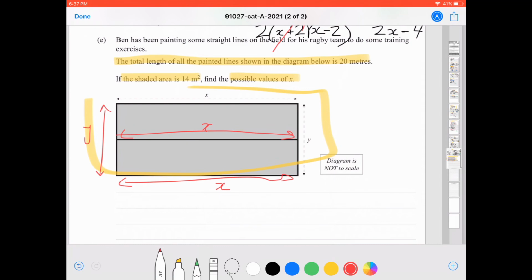Let's think in terms of total length of all the painted lines. So this piece of information here, the total length of all the painted lines is 20 meters. So let's add up our total lengths. For x, we've got 3 x's, and our y's, we've got 2y. Okay, and that equals 20.